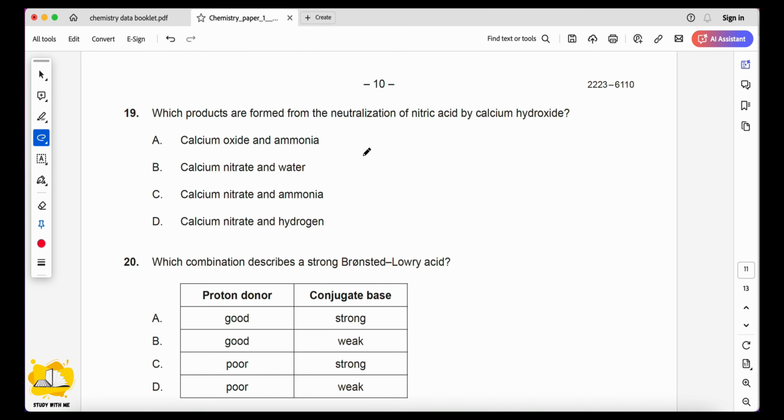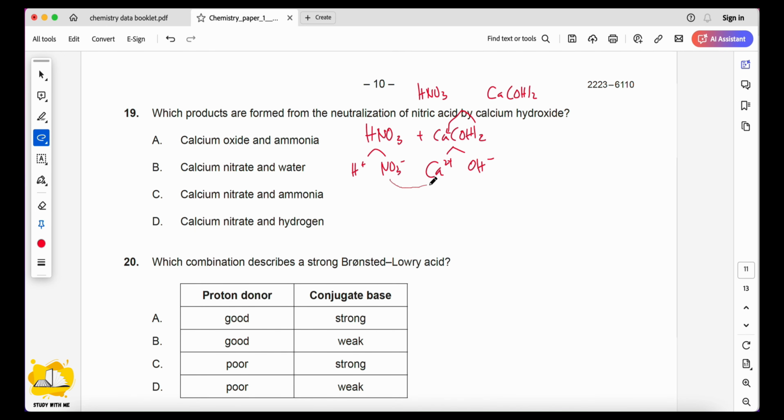Which products are formed from the neutralization of nitric acid and calcium hydroxide? So if we make this reaction, you can just break it down into ions. So Ca2+, these two belong to Ca, and OH minus.